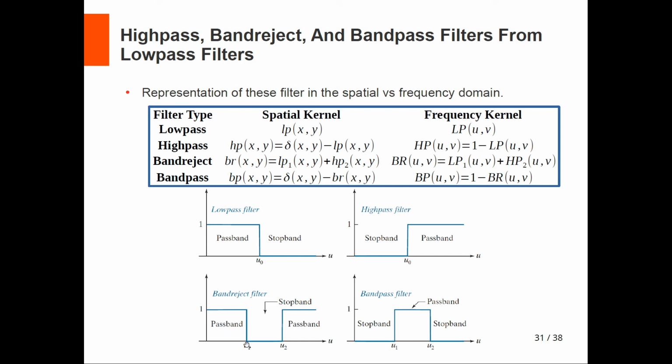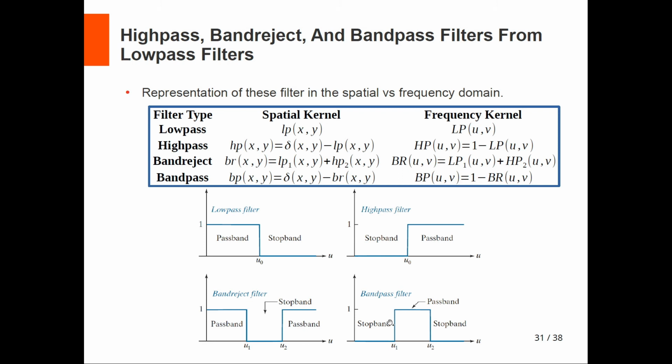The low pass filter has the frequency cutoff of U1 and the high pass has the frequency cutoff of U2. So in the frequency domain, the band reject filter is low pass 1 and high pass 2. This signifies that the cutoff frequencies of these two are different.